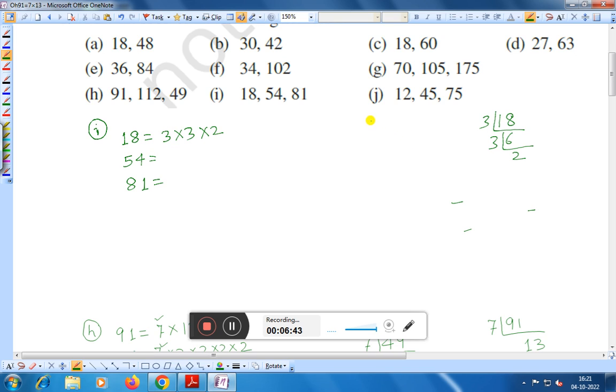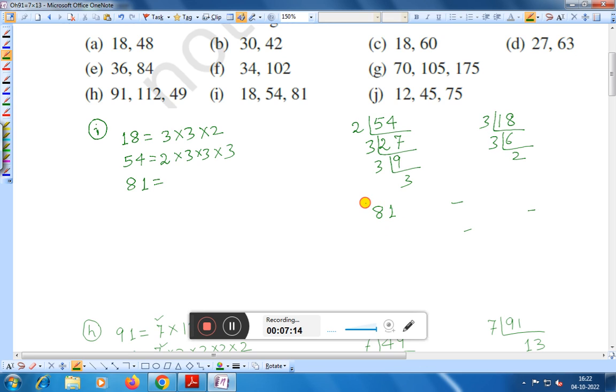Next is 54. We'll find the factors of 54. Dividing by 2, we get 27, then 9. Therefore, it is 2 into 3 into 3 into 3.